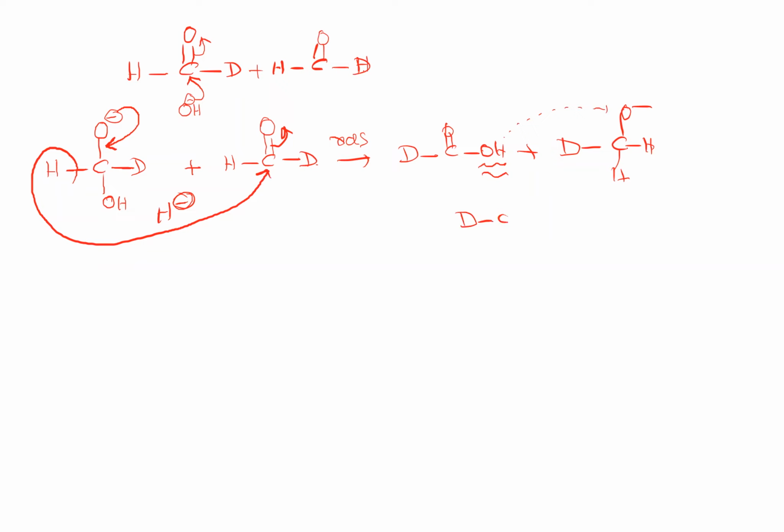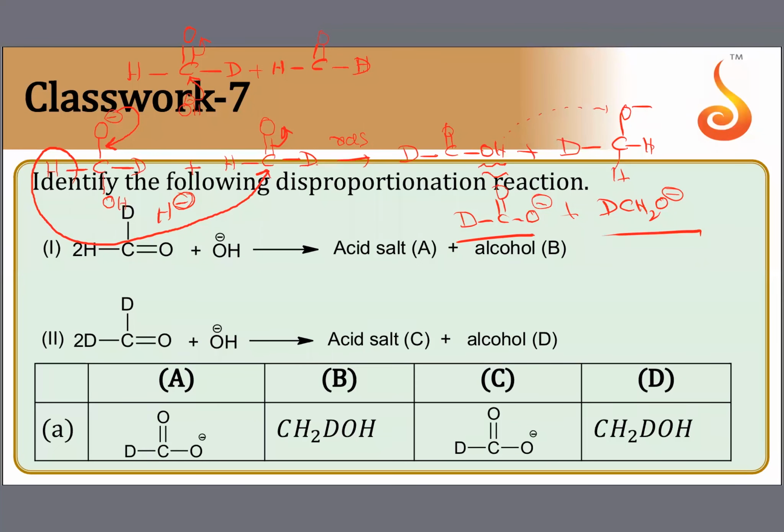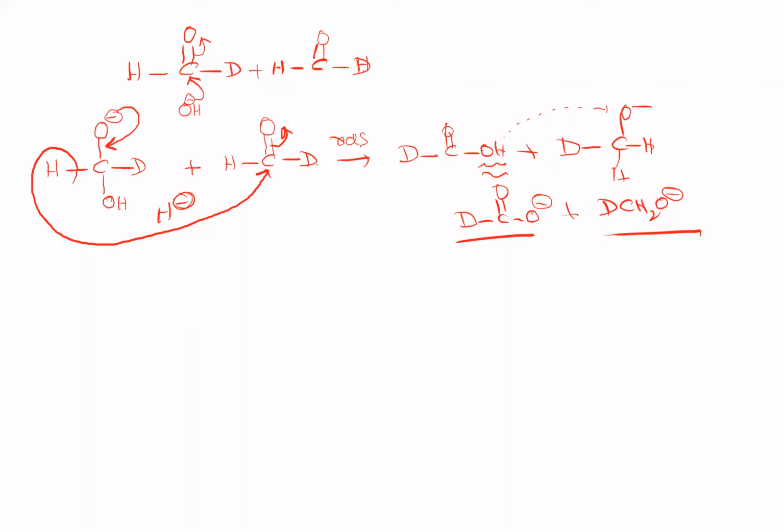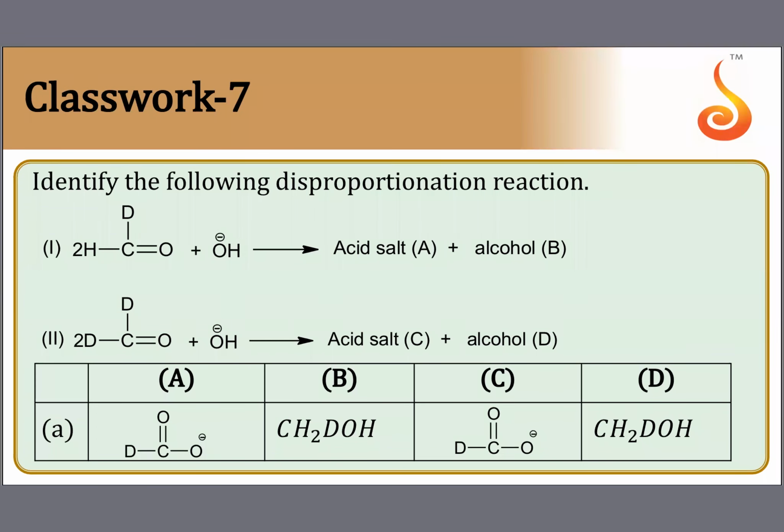So the final products are nothing but DCOO minus and DCH2OH. We got these, no? You check. So if you know this mechanism, you can do the remaining questions. I hope you are able to do it, but you should know the mechanism perfectly.